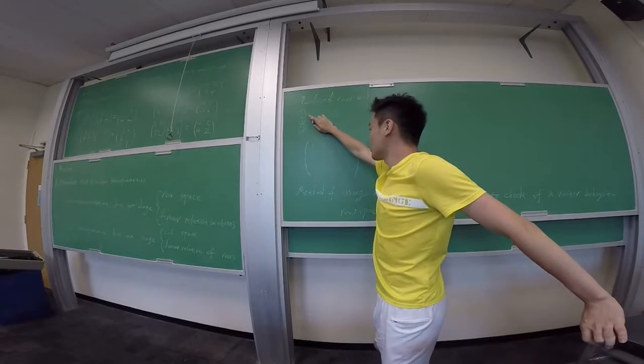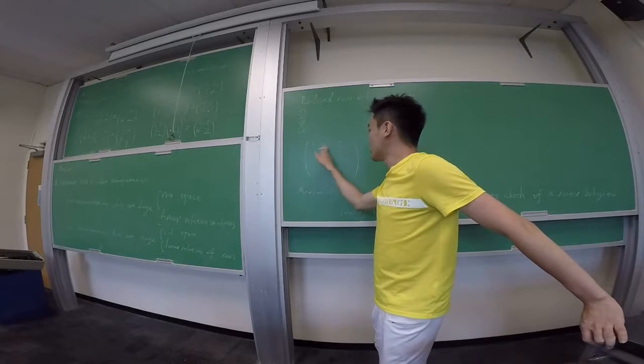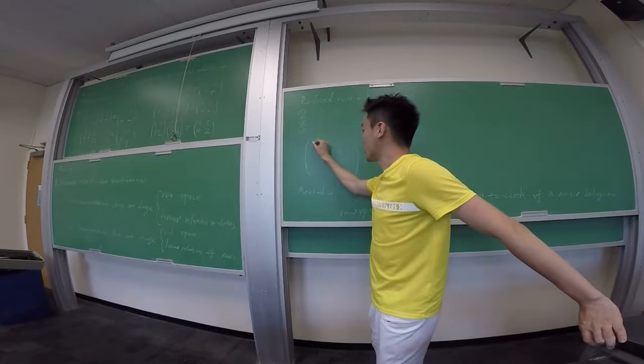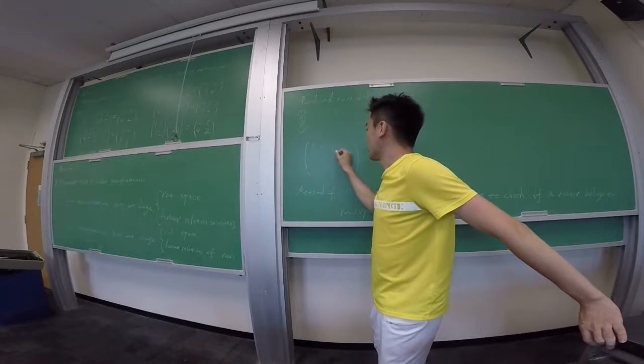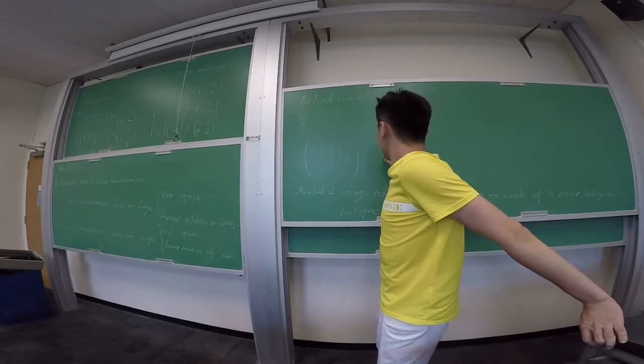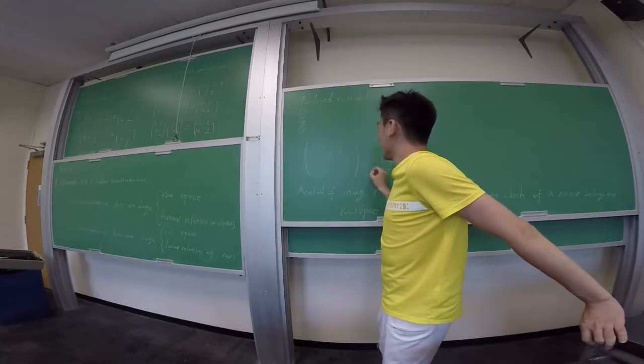Like the first one says that each non-zero row has a leading coefficient of 1, which is right over here. So those are called leading ones, or pivots. It is just some word.